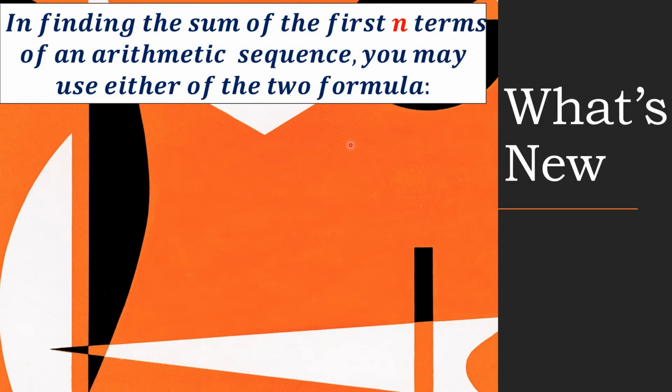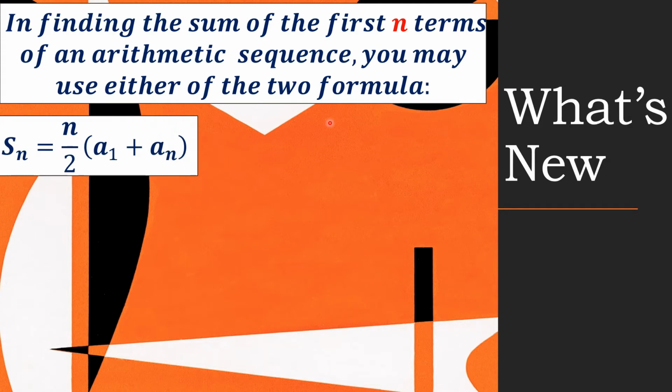In finding the sum of the first n terms of an arithmetic sequence, you may use either of the two formulas. The first one is if a sub n is given. This will be the formula that we need to use. S sub n is equal to n over 2 multiplied by the sum of the first and the last term.